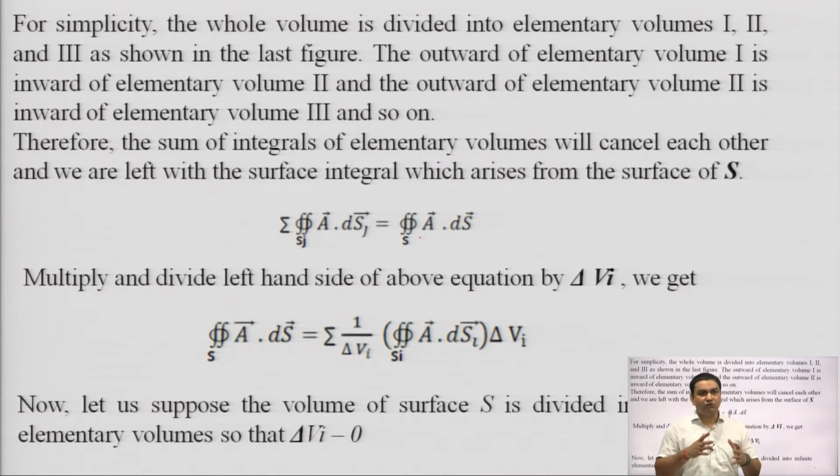Here the outward of elementary volume 1 is the inward of the elementary volume 2, and the outward of the elementary volume 2 is the inward of the elementary volume 3, and so on. If we divide the complete vector field of A into a large number of volumes, then it will continue like this.